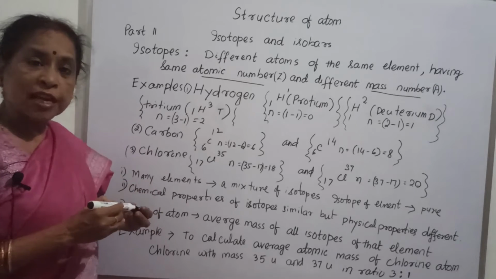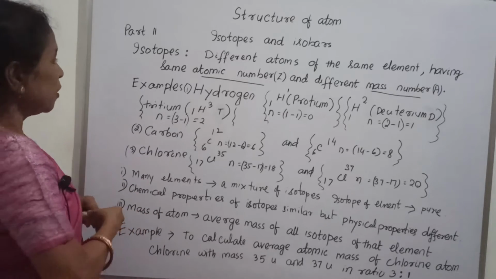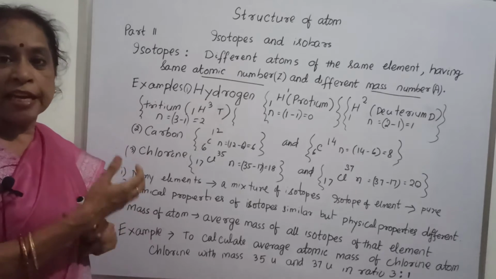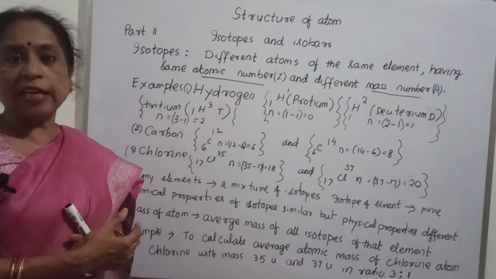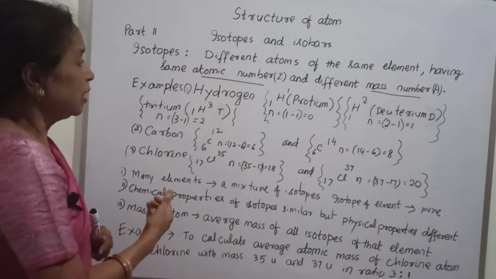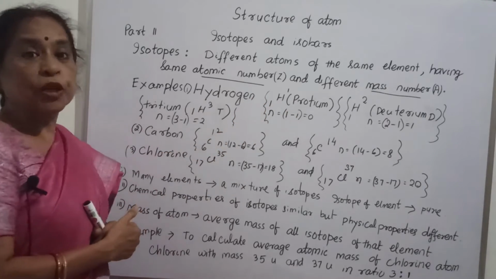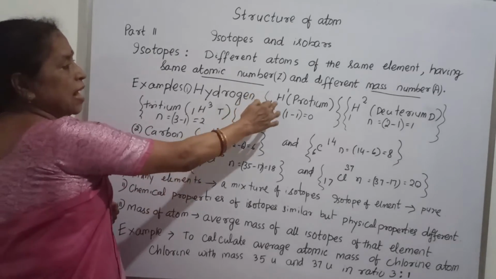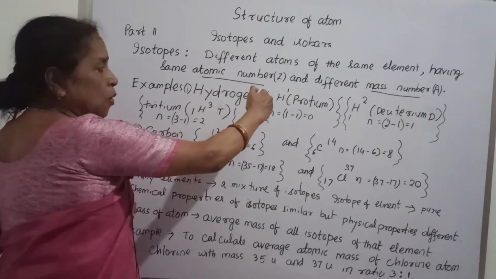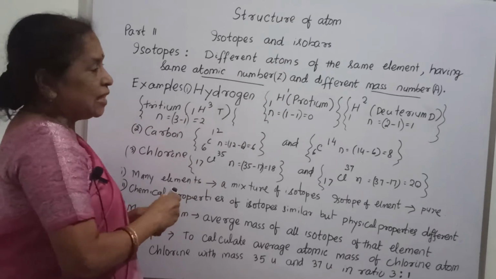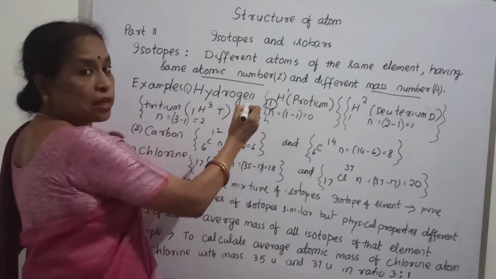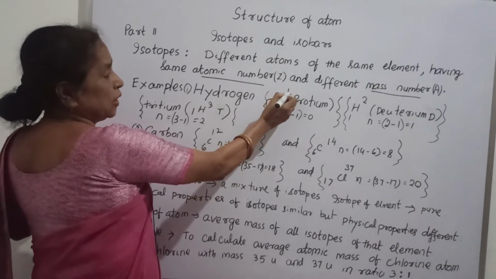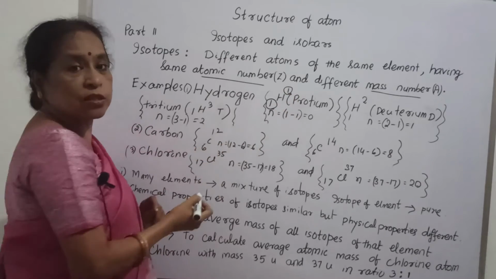Then let us take an example. Example number 1, hydrogen. It is observed in nature that hydrogen exists in 3 forms. What are they? The first one is protium, 1H1. What is meant by 1H1? Here the below 1 is the atomic number and the above 1 is the mass number.